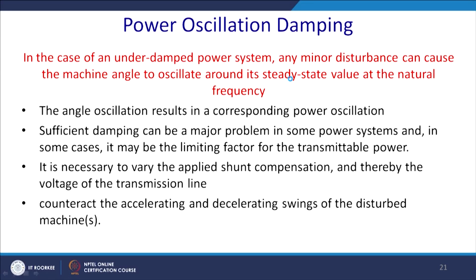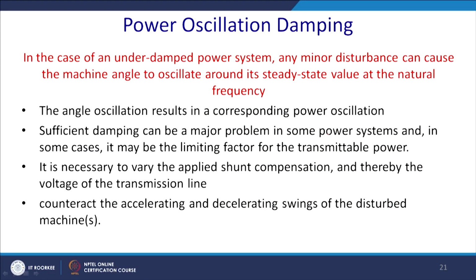Let us continue with the power oscillation and the damping. In the case of an underdamped power system, there might be a minor disturbance, such as a sudden or step change in load, or a certain small fault occurring. Any minor disturbance can cause a mechanical angle change around the steady state and thus give you a torque angle ripple.